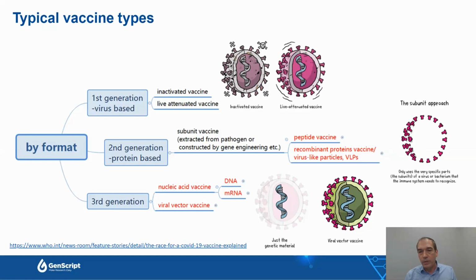And those are typically peptide or recombinant protein vaccines or virus-like particles. And then the third generation vaccine is mostly nucleic acid based. So these are the newest vaccines. We saw the COVID-related vaccines, where most of them that came out first were nucleic acid based. So they would be DNA, mRNA, or nucleic acid packaged in a viral vector.